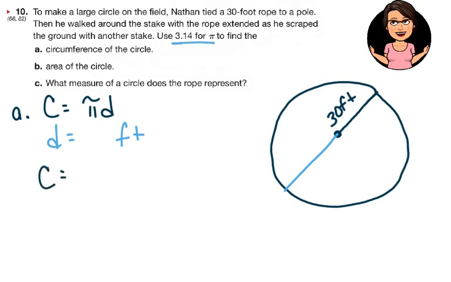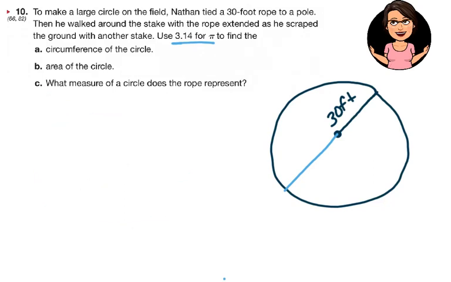So C equals 3.14 times your diameter, whatever you found for your diameter. And then when you write your answer, make sure you write your answer, and then you're going to write feet. So that's your circumference. Okay, so make sure you pause it and finish that problem.